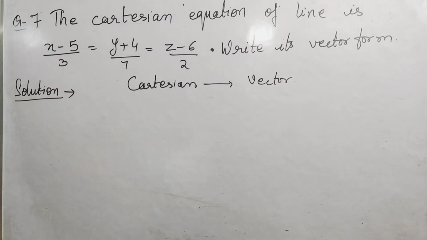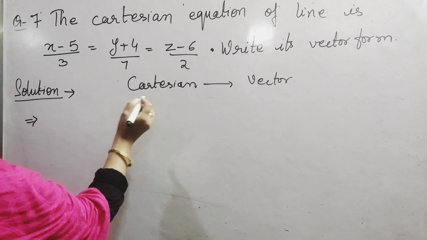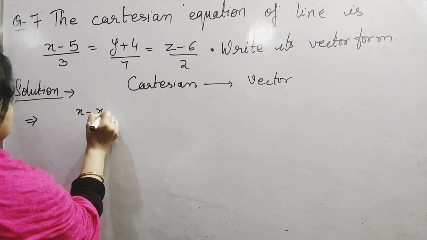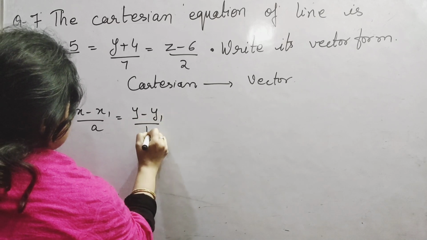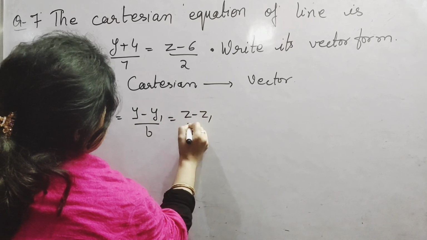From this question we learned how to convert a Cartesian equation of a line into its vector form. Firstly, I am going to explain what the Cartesian form is. This is (x minus x1) over a, (y minus y1) over b, (z minus z1) over c.